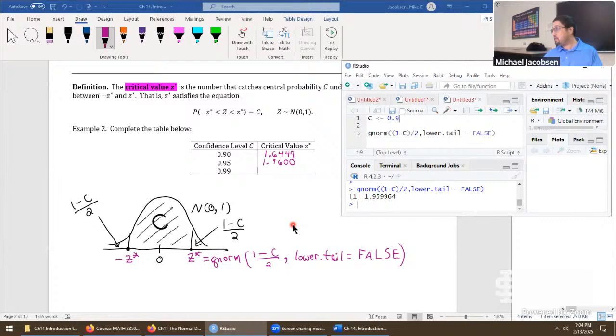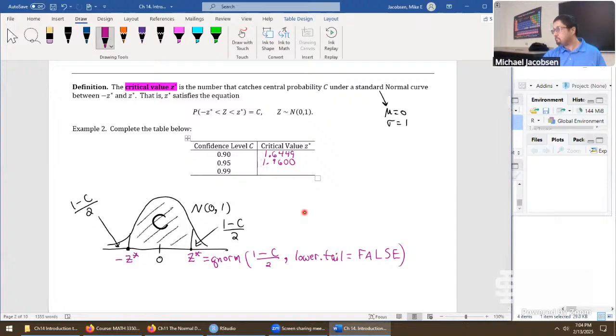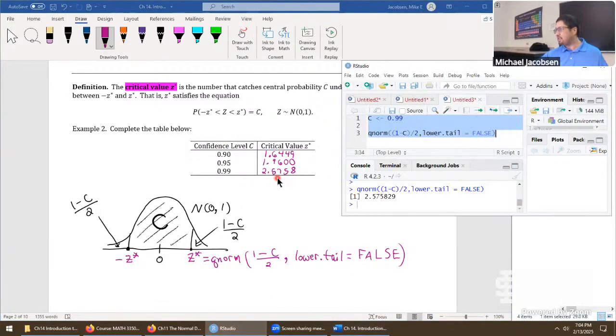Then one last time, at 99% confidence, it jumps quite a bit now to 2.5758. So that's the computation we're using for getting your critical numbers out.